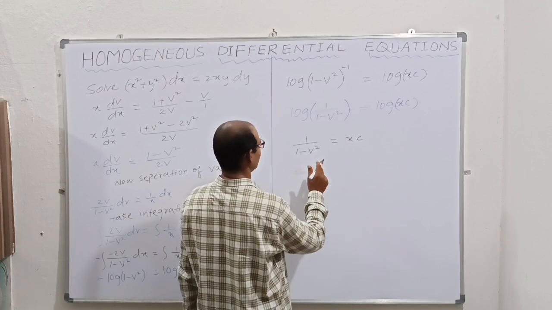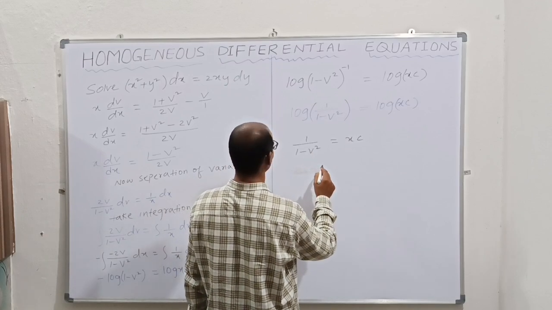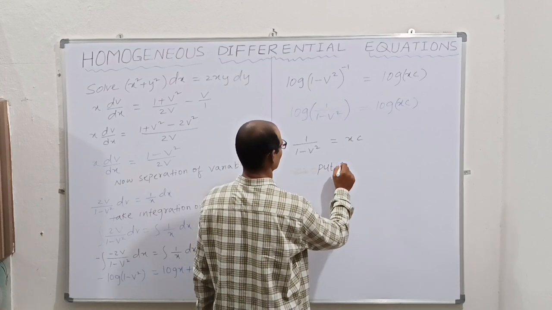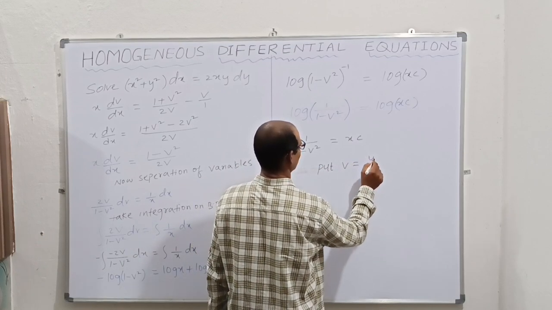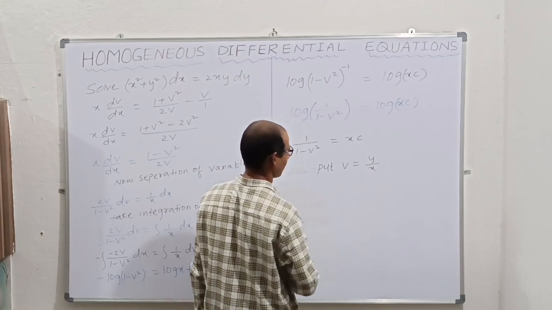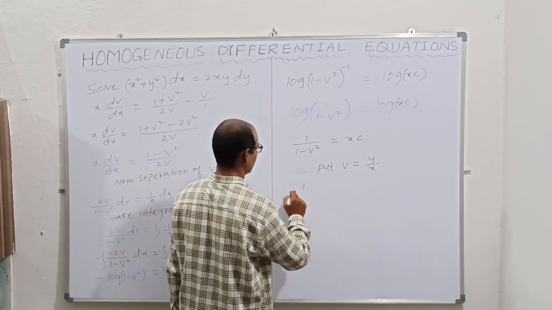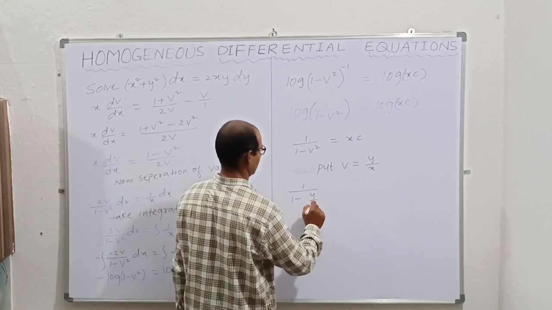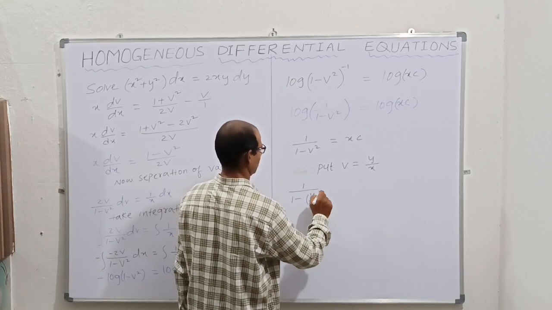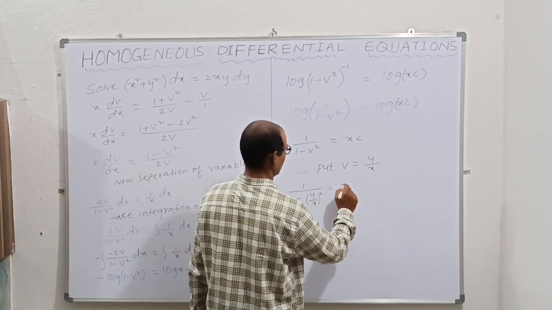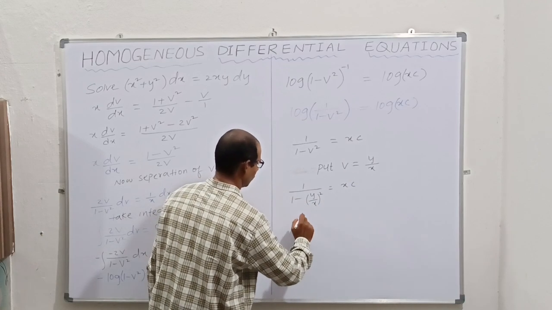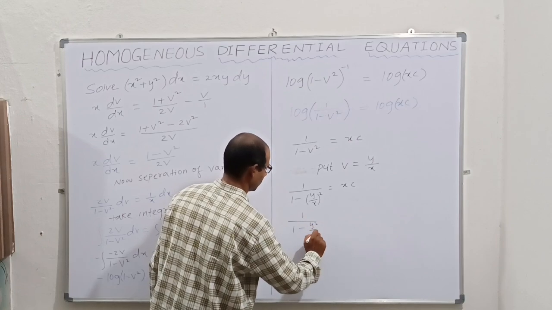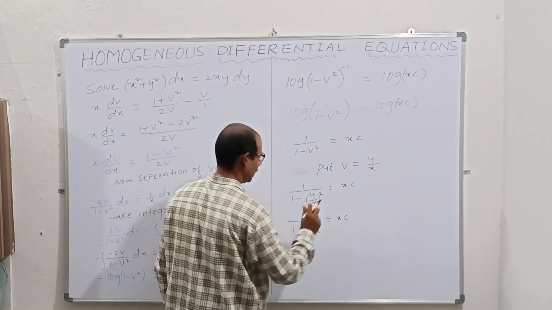So instead of v, what we have to do, we have to put y upon x. So therefore 1 upon 1 minus y square upon x square is equal to xc.